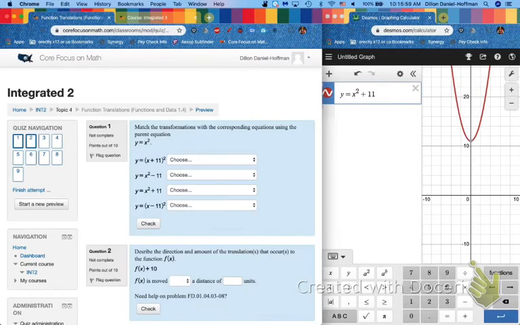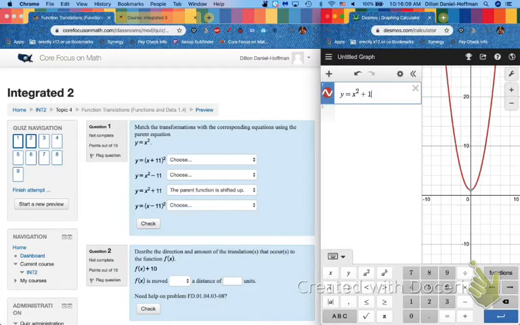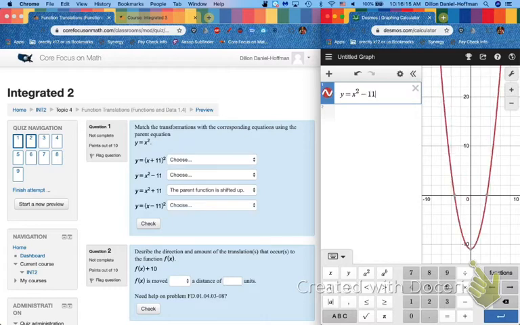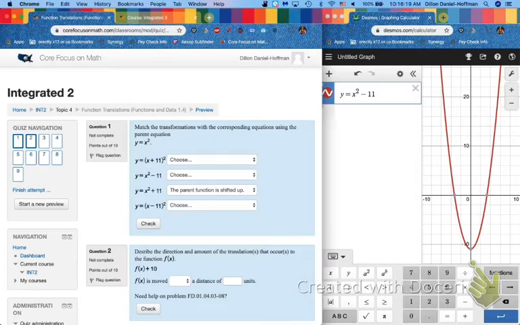So find the one that has no parentheses and a plus sign, and then mark shift it up. So I'm going to return that to its base of 0, 0, and now minus 11. Well, the other one went up. This one, yep, it went down, as it seems like it should logically.